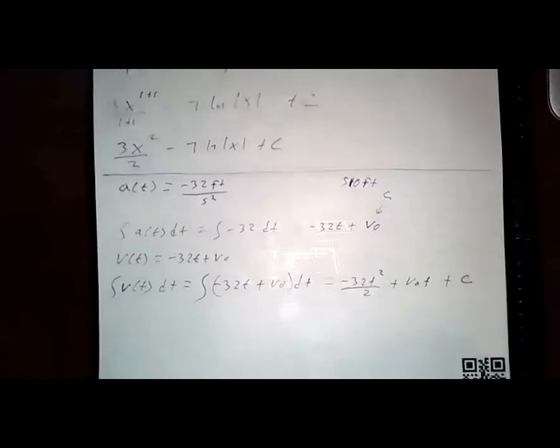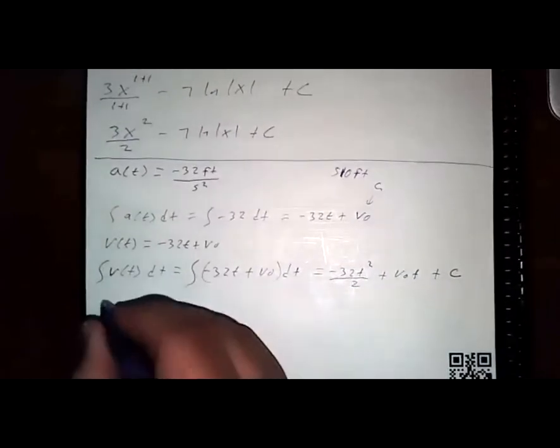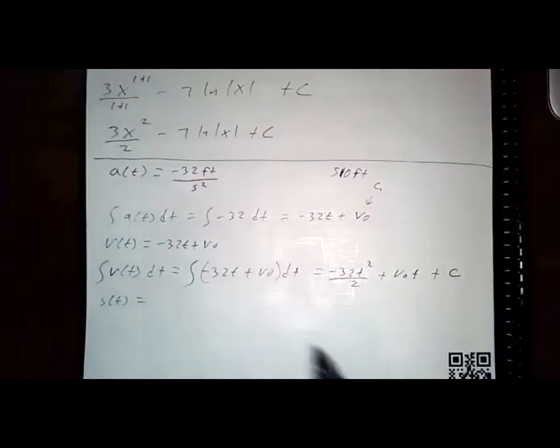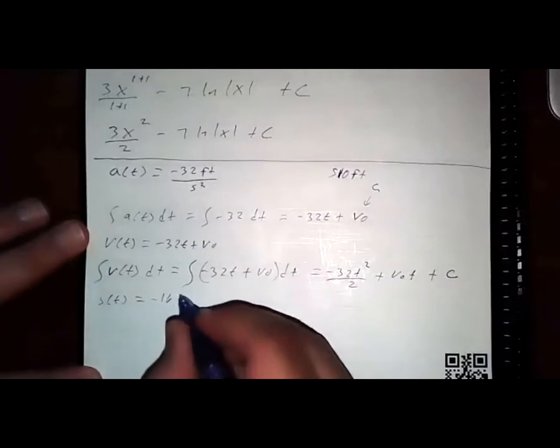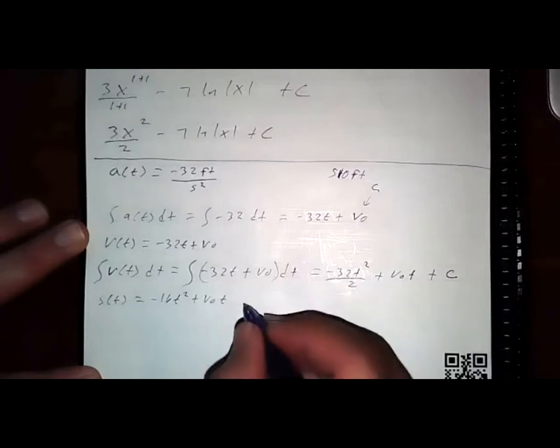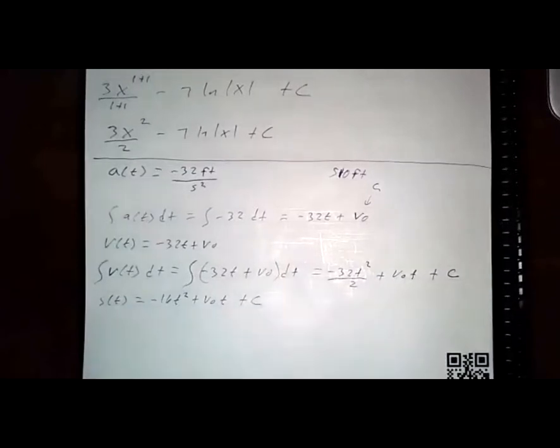So the s position function is equal to negative 16t squared plus v naught t plus some constant.